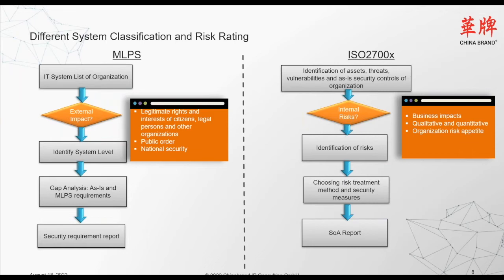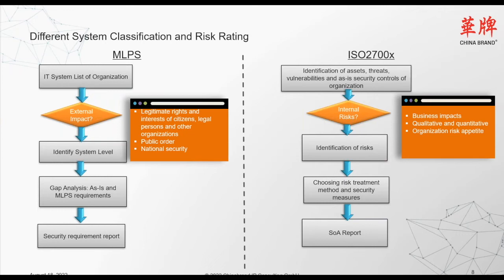So the main part that you probably will consider is business impact. Also, as I already said, this might include some external factors. You will assess the risk on a qualitative and quantitative basis, and you will also take into consideration the organization's general risk appetite. So there's a lot more freedom here.